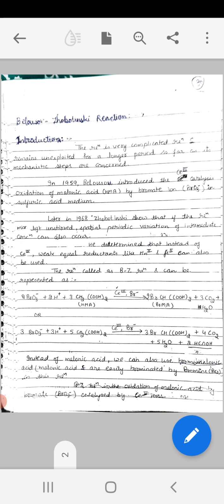Introduction. The BZ reaction is a very complicated reaction which remained unexplored for a long period so far as its mechanistic steps are concerned. In 1959, Zhabotinsky introduced the cerium-3 catalyzed oxidation of malonic acid (HMA) by bromate ions, BrO3-, in sulfuric acid medium.